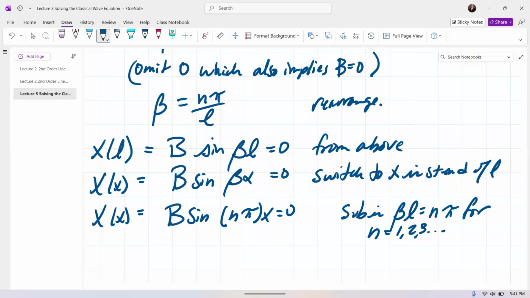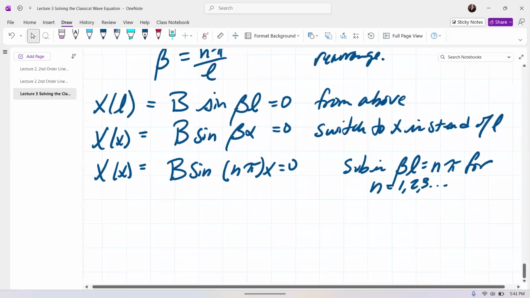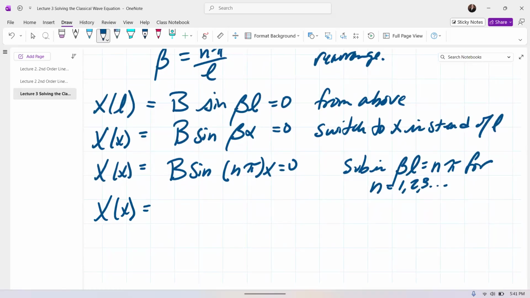Okay. Now we're going to divide x by L, because we want it to be per unit L: B sine n pi x over L equals 0.